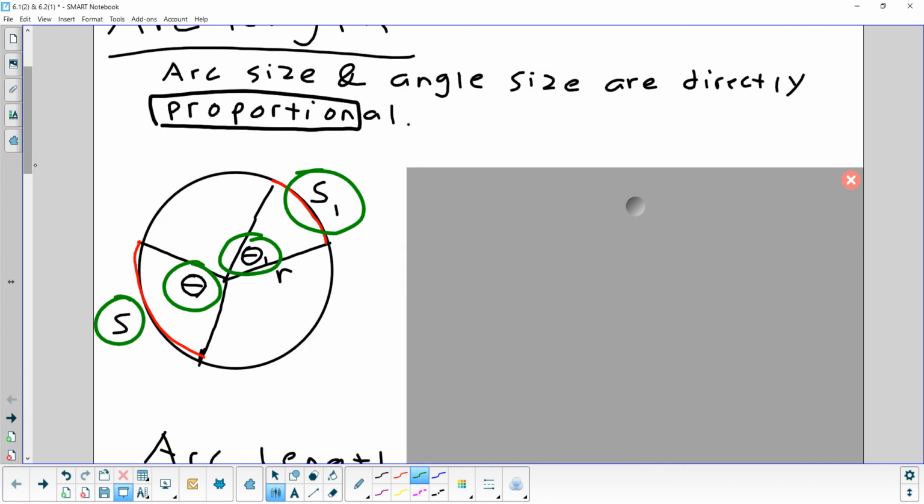So let's look at theta 1 and S1. There's a connection between the size of this angle and the size of that arc that we learned about. If this arc is a certain size, then this angle will automatically be a certain number. Does anybody remember what number that angle will be if that arc is the same as something else?